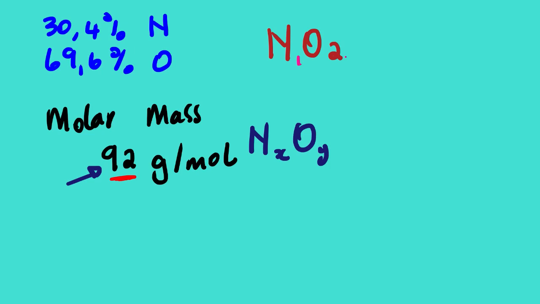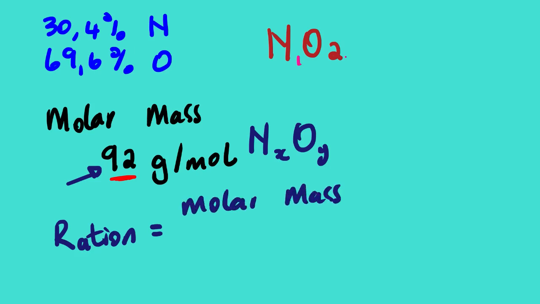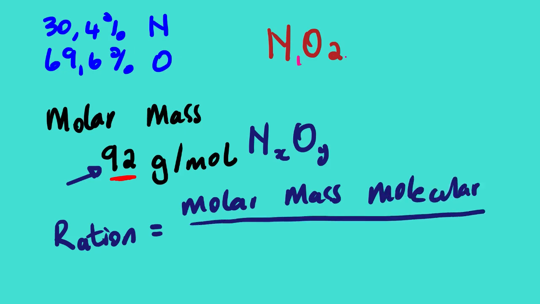So we need to determine that molecular formula. We are going to use this equation. R stands for, let me say, a ratio. We are going to take the molar mass of the molecular formula divided by the molar mass of the empirical formula.